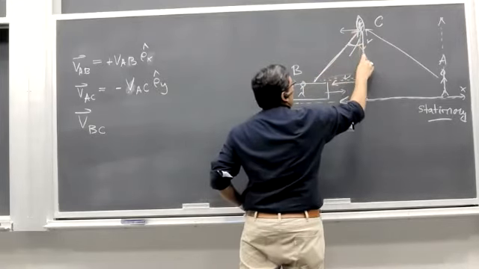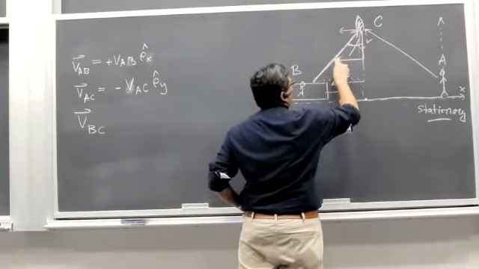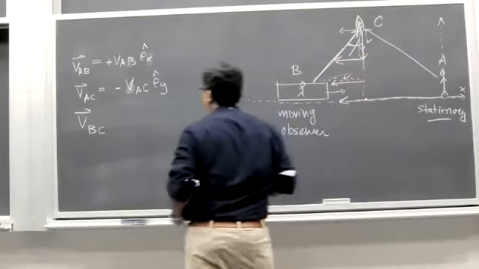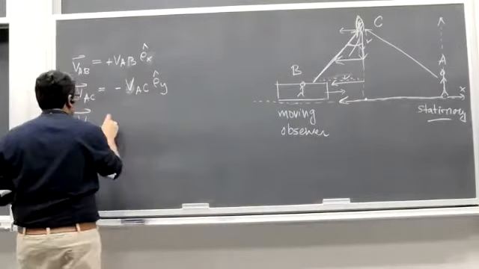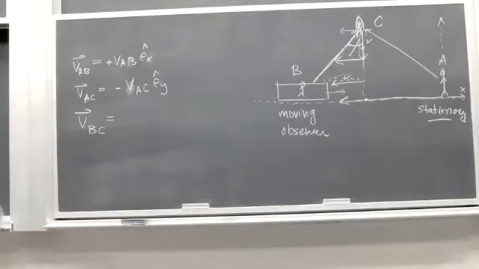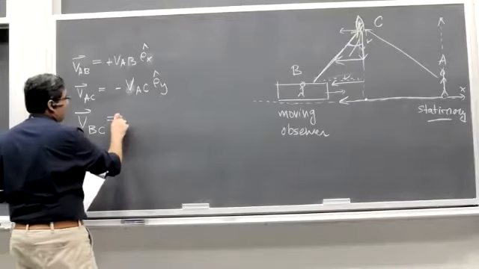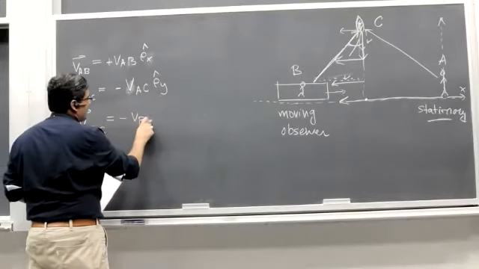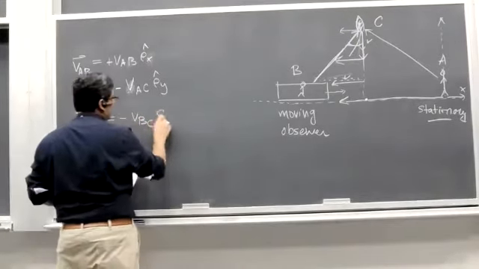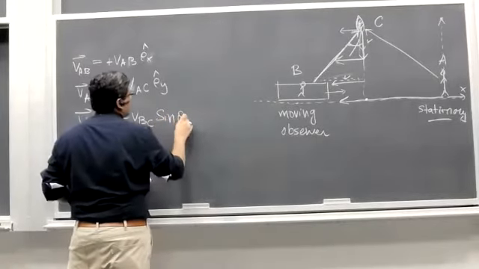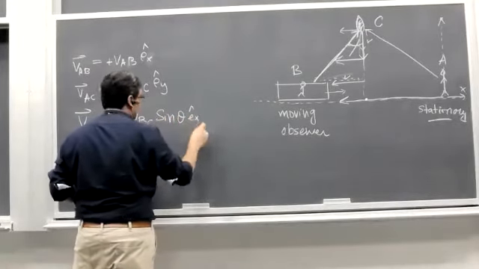Okay. So then the velocity vector would have two components. That doesn't make a difference, but let's write it VBC, okay? VBC sine theta EX.